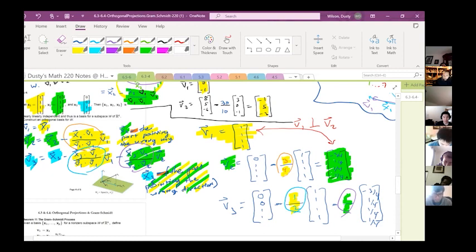So I'm going to get half in the numerator, and then v2 dot v2. So I get 9 plus 1 plus 1 plus 1, 12 sixteenths. So half over 3/4.